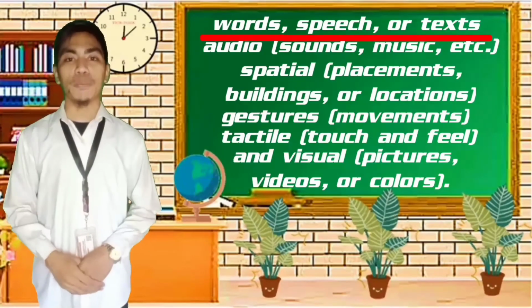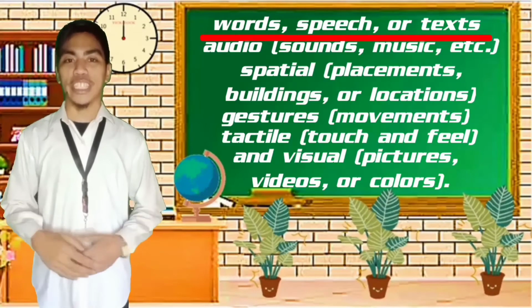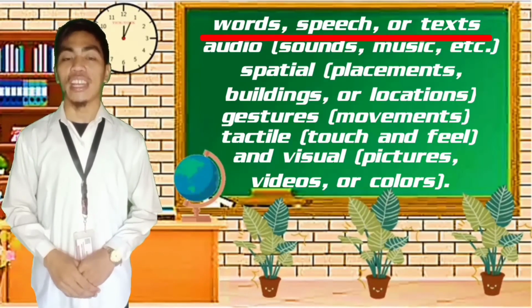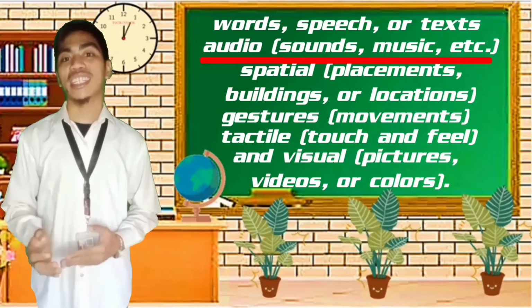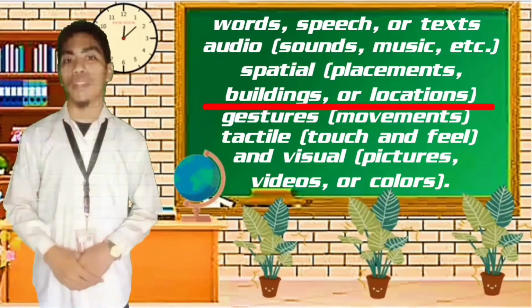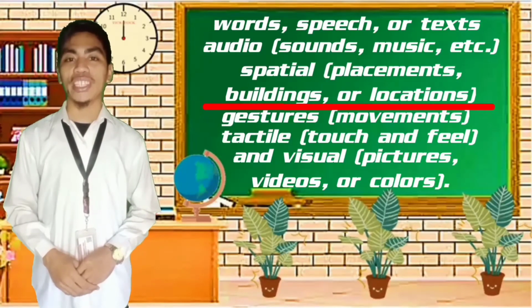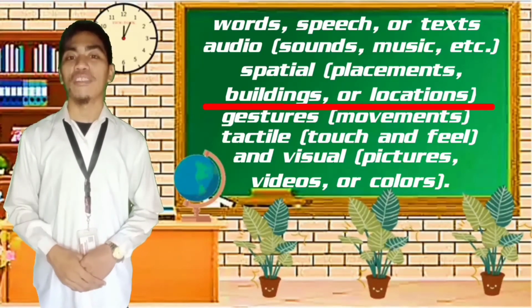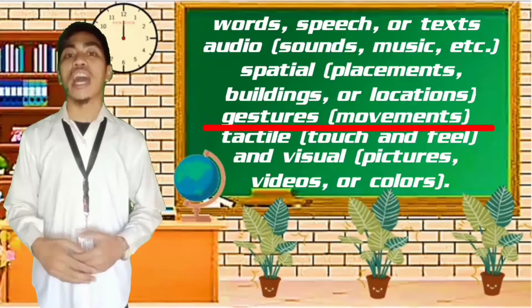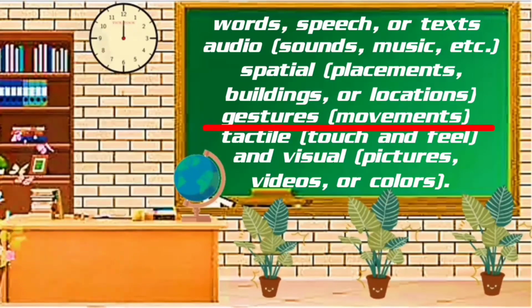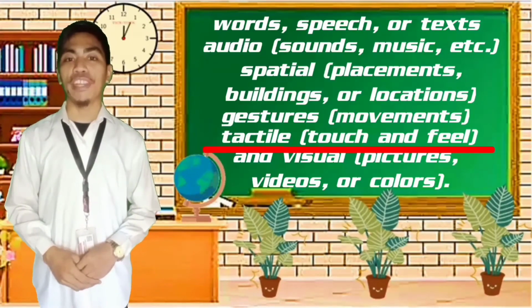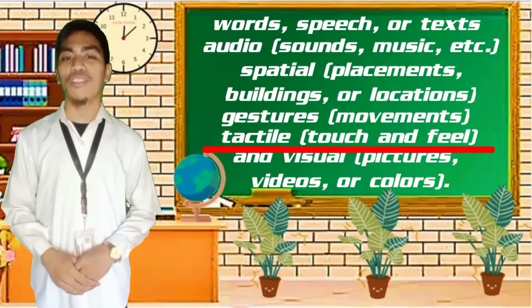Words, speech, or text develop the speaking skills of the learners. Audio, sounds, music, and etc. develop the listening skills. Spatial refers to the learning environment of the students. Gestures and movements are the way you move and act in a certain classroom. And tactile, touch and feel, are the emotions and experiences of the learners.